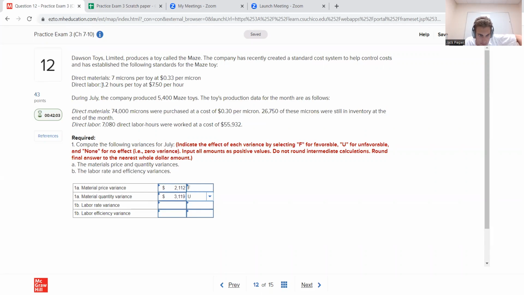And then for the rate variance, it'll be this divided by this, and then you'll get a number, and then you'll subtract out 750 to get the variance. And then multiply by 5,000 and 1.2. But yeah, okay.